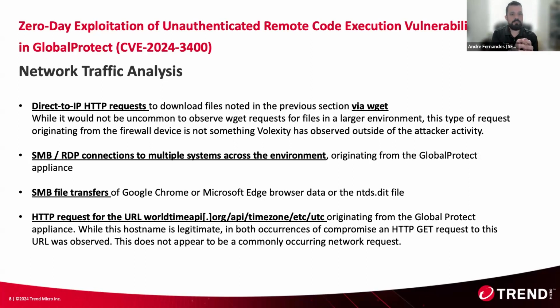The GlobalProtect device initiating connections to the internet and downloading additional content like those Python files that John was mentioning before. Or starting RDP and SMB connections, searching for probably additional targets inside of the network.